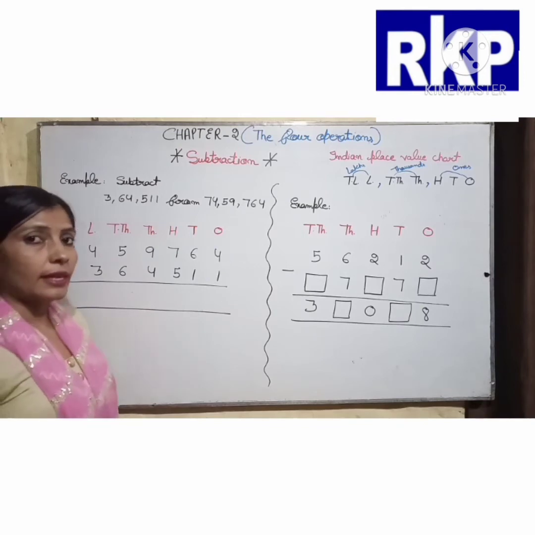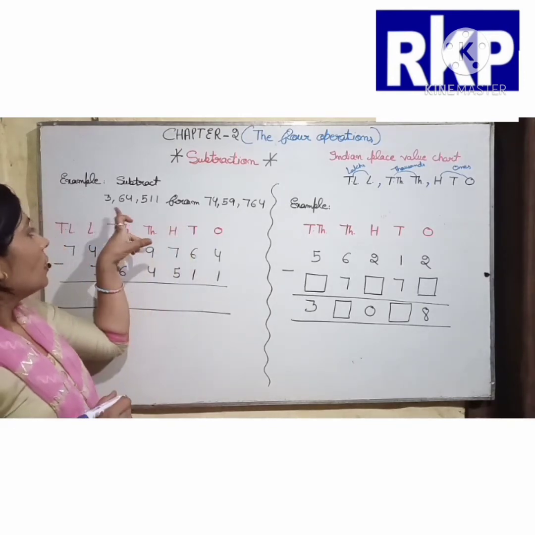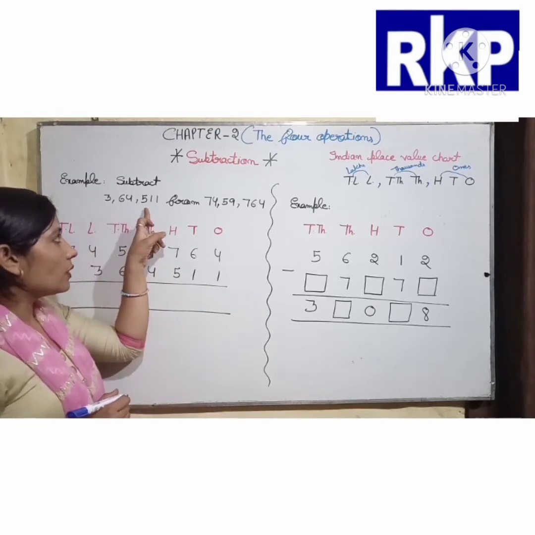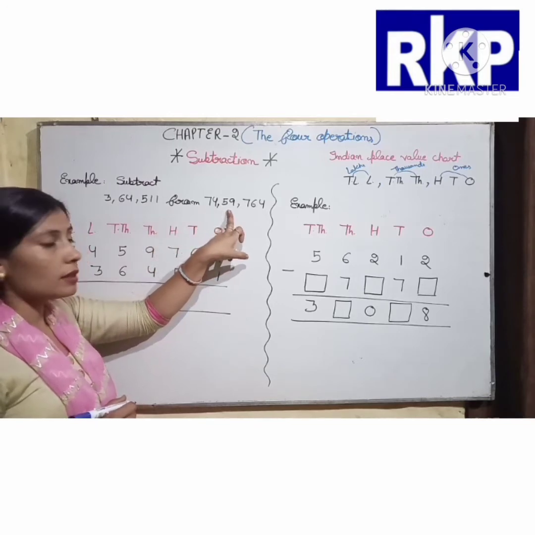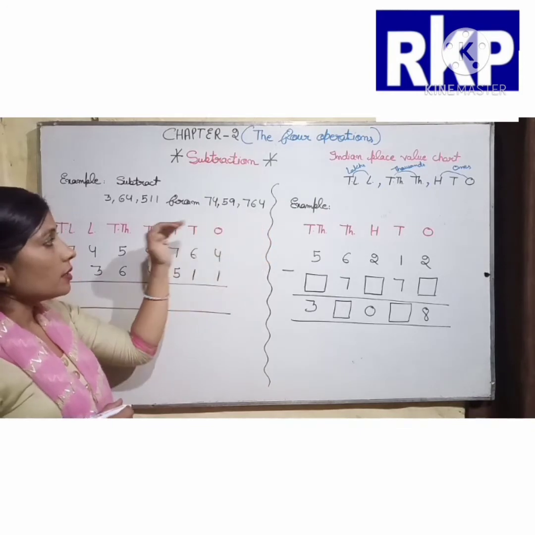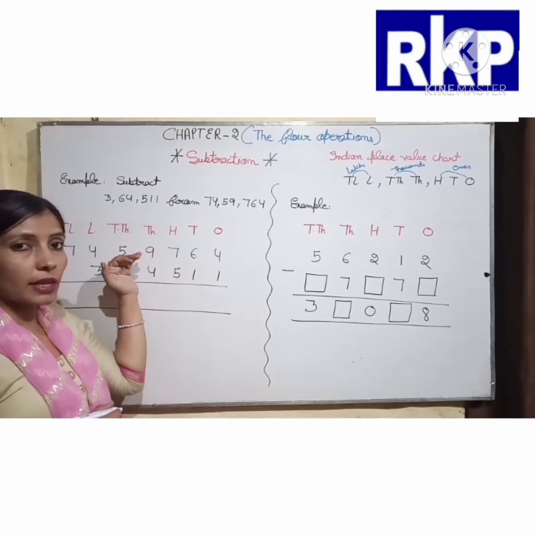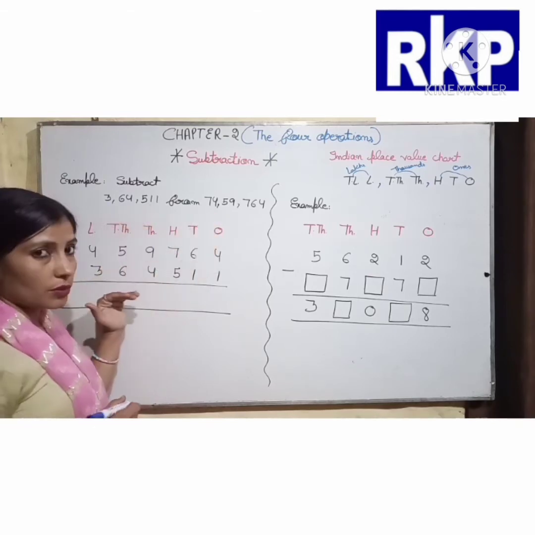Now students, let us see how we can subtract large numbers. Here we have to subtract 3,64,511 from 74,59,764. Okay. In subtraction, we have to write the greater number on the upper side, and the smaller number on the downside.